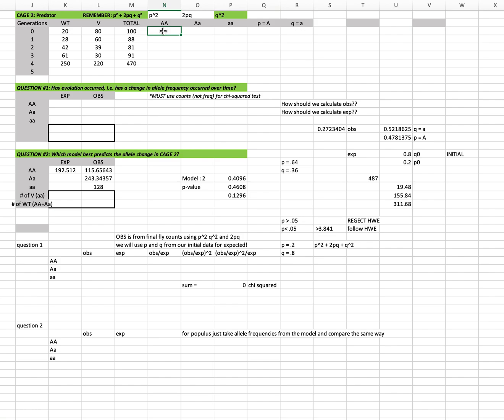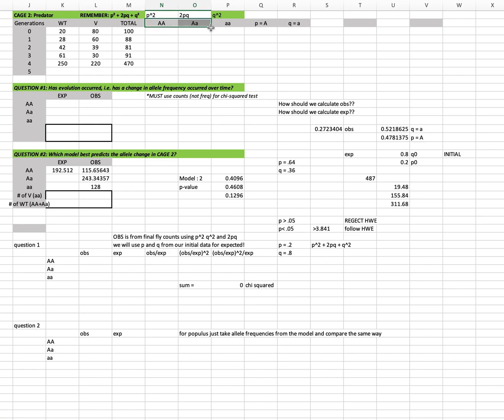So, we're going to start by just looking at genotype frequencies. Back when we started this experiment, let's make this clear from the start: we're calling big A our wild type allele and little a our mutant type allele, and P is equal to big A, and Q is equal to little a. For big A, we only included homozygous flies, and we only included 20 of them out of 100.